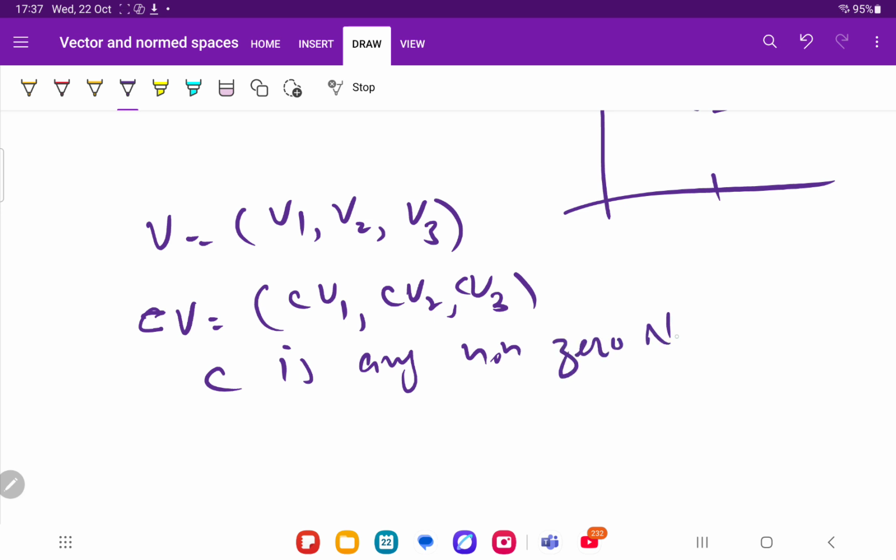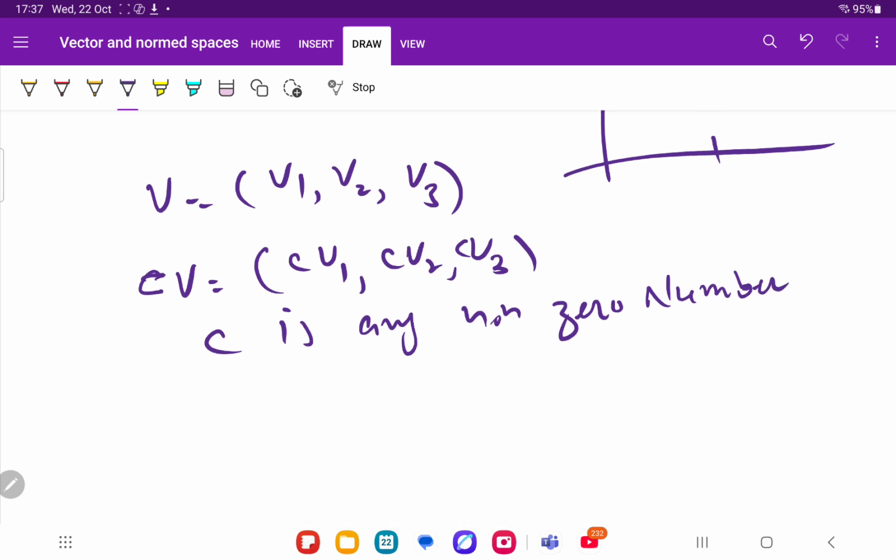It could also be c with u, cu as well, no problem. The point is that a vector could be multiplied by any number: cu1, cu2, cu3.